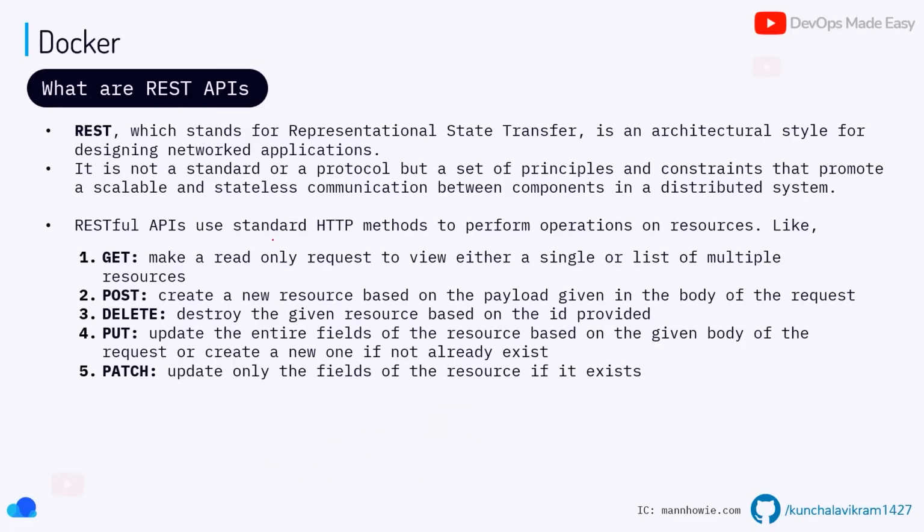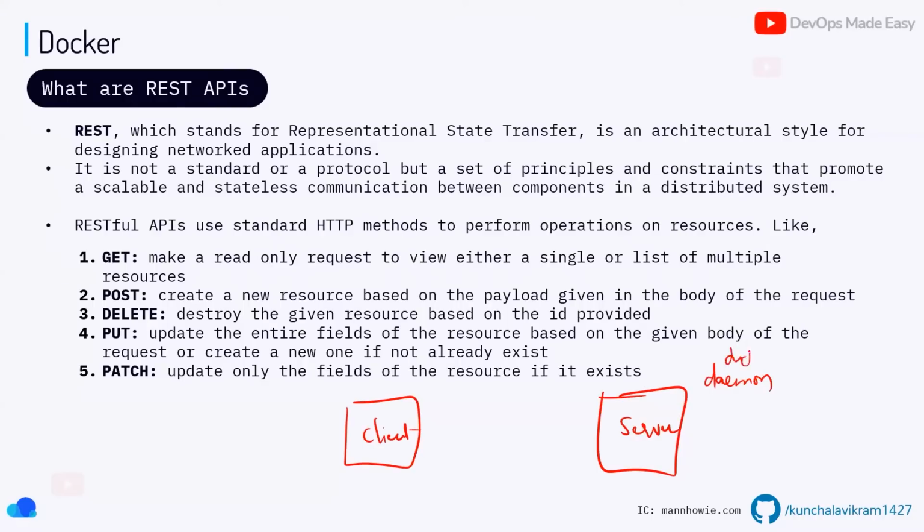So there are many methods that we have in REST APIs, just like our HTTP methods. Let's say I have a client tool and there is a server. Let's say this server is your Docker daemon, or it can be any application.